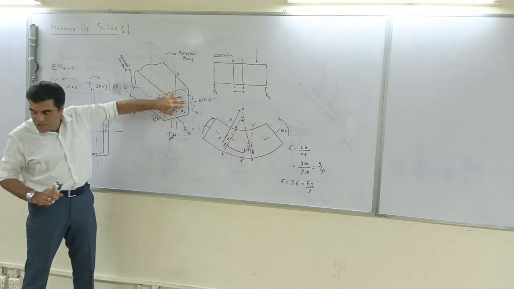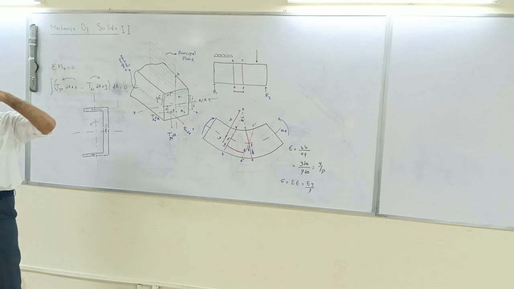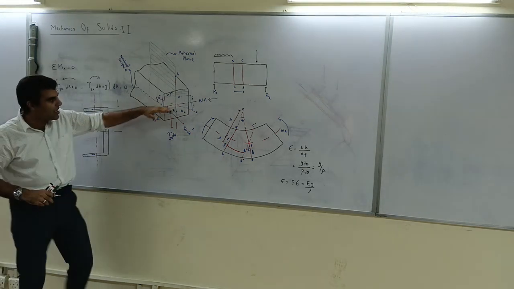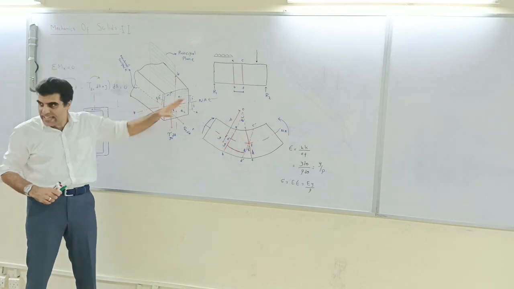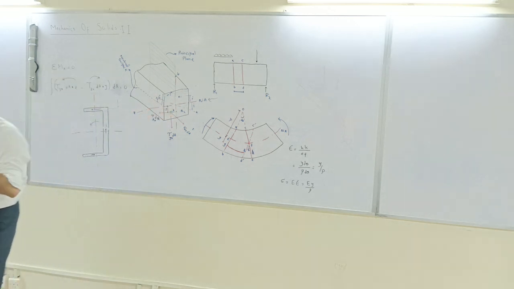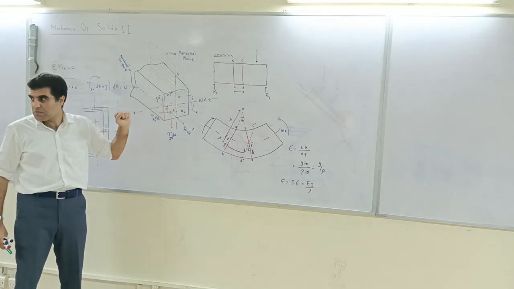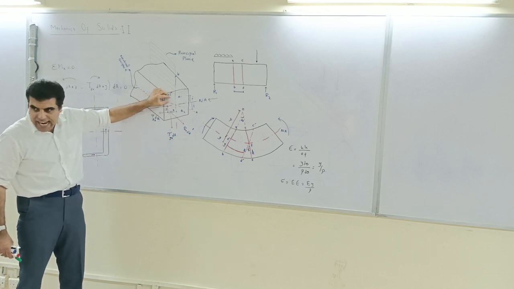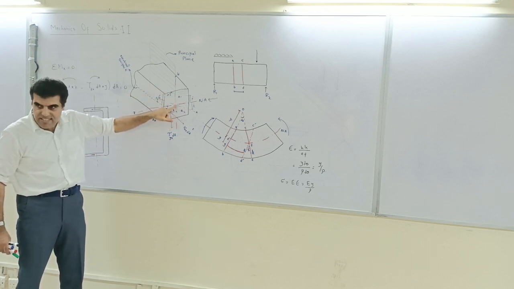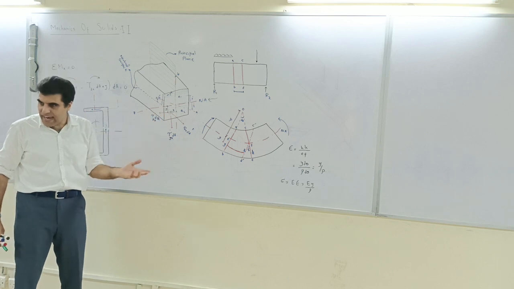So I will repeat what the issue is. In the rectangular section, we have got symmetry in both axes, in the z axis and in the y axis. So no problem over there. If I take an element over here and take the moment about this axis, I will have a similar element in the other direction, and that will cancel the effect.